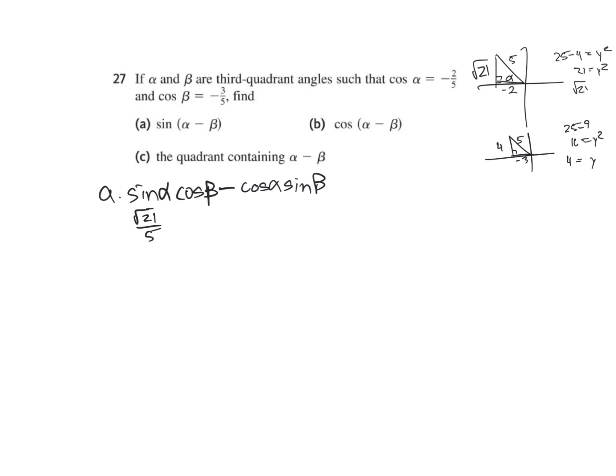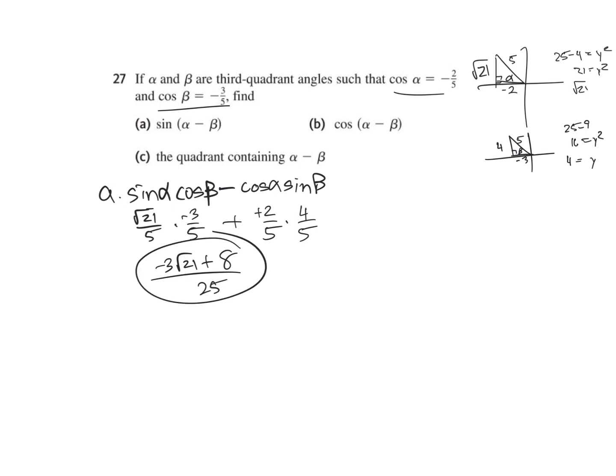Cosine of beta is negative 3/5. Cosine of alpha is negative 2/5, and the sine of beta is 4/5. So that's negative 3 square root of 21 minus, it'd be a plus now because of the change, 8, all over 25.